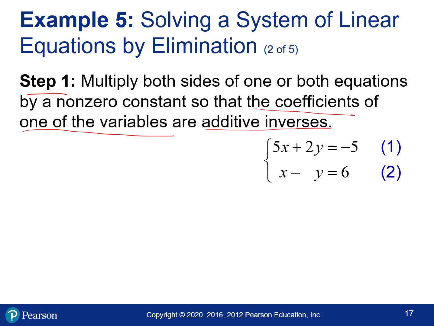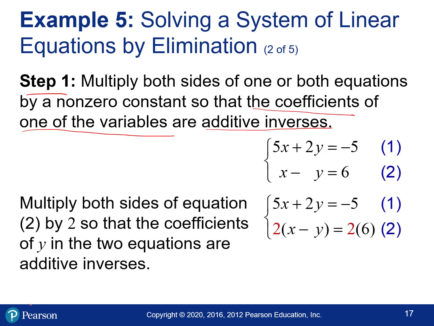That means if we can change the way these equations look so that one variable has, let's say, a positive 5 in the front and the other has a negative 5 in the front, those are opposites, and we can eliminate the x's that way. Same thing with the y's. If this one has a 2 in the front, this one would have a negative 2 in front, and those would be additive inverses or opposites.